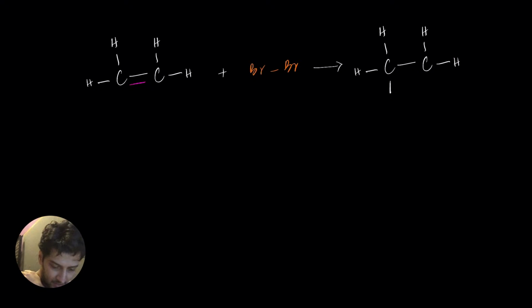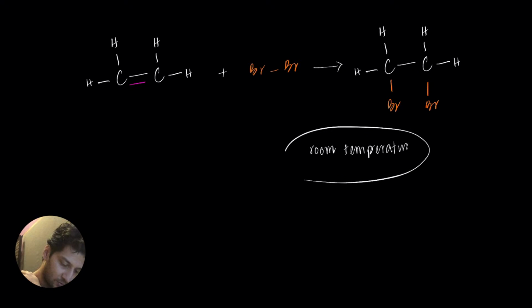And we haven't really talked about too many reactions, have we? But one thing about this reaction is that it occurs at room temperature. It'll just happen as long as the ingredients are mixed. Okay, this happens at room temperature.